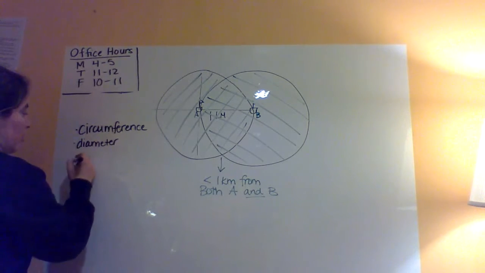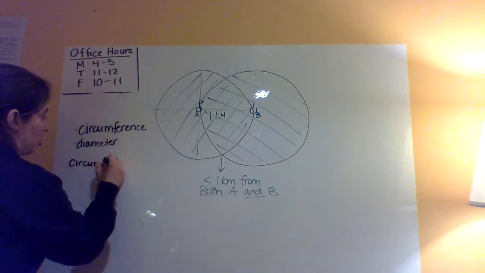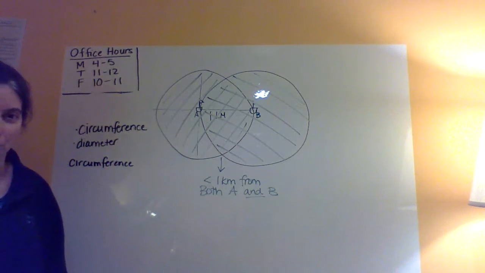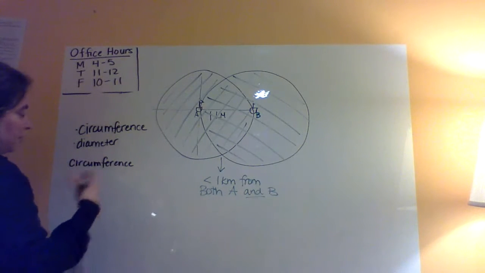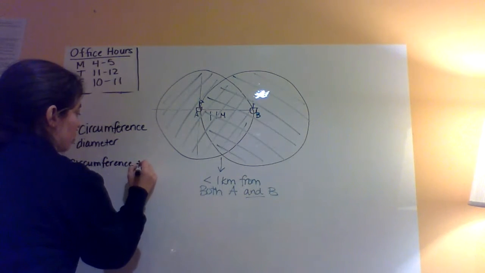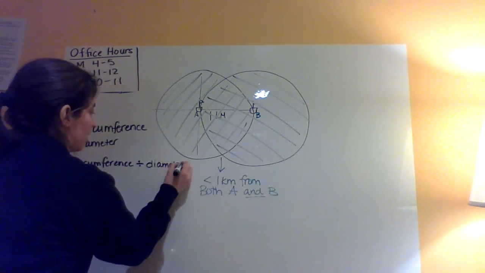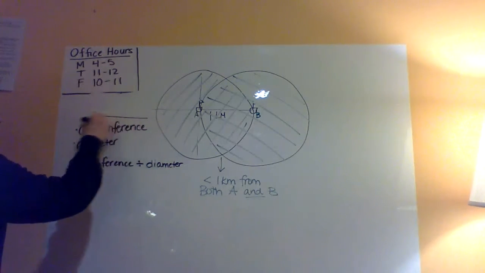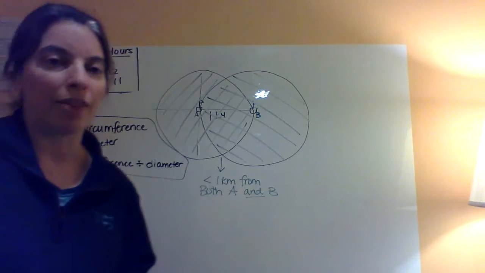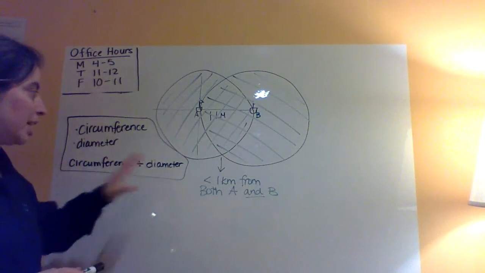And then, once you've gotten those two, you're not going to hand this in, but I would like you to just write it down somewhere. Maybe I might ask you to send in your measurements, but you don't have to take a picture of it or anything. I then want you to take the circumference and divide it by the diameter and see what you get. Okay, so you're going to measure the circumference, you're going to measure the diameter, and then you're going to divide circumference by diameter.